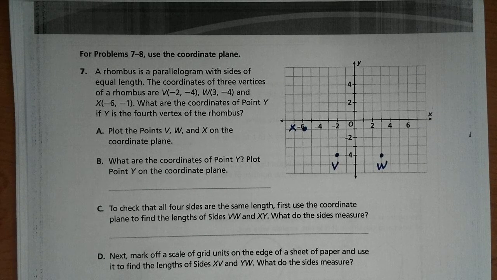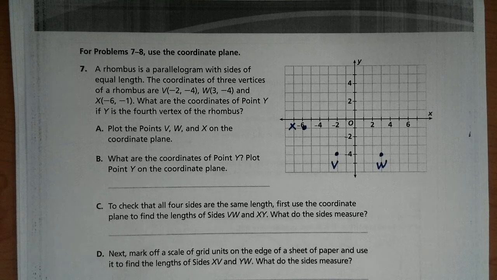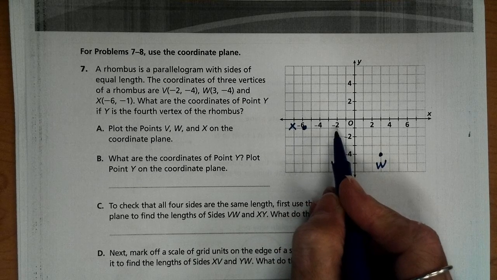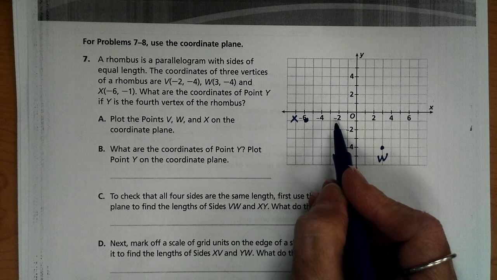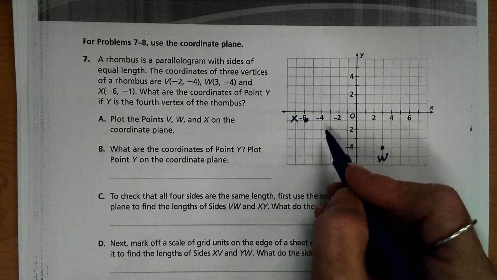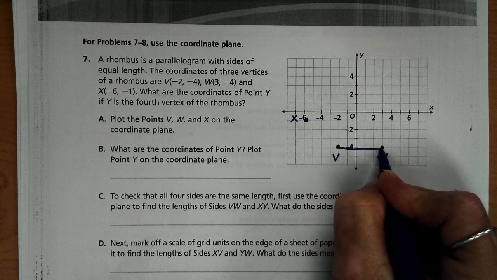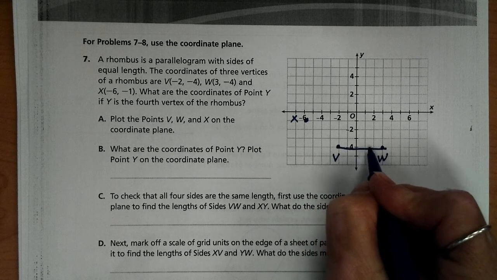Yes, ma'am. Okay. So we want to create a rhombus. So that means I need to create a parallelogram. So I can count, if I connect this line here, I have 1, 2, 3, 4, 5.